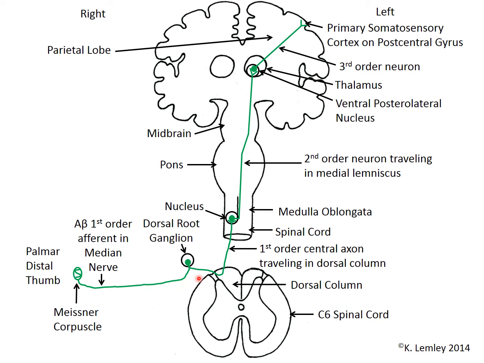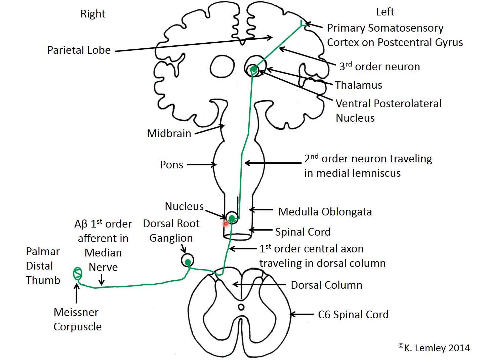Instead of entering the dorsal horn as our prior pathways have done, this pathway is going to enter the dorsal column. But it's not going to synapse in the dorsal column. Instead, the central axon of our first order afferent is going to ascend in the dorsal column all the way up to the caudal medulla.